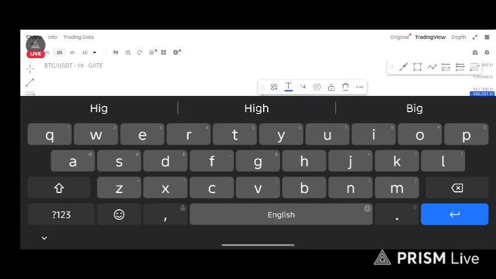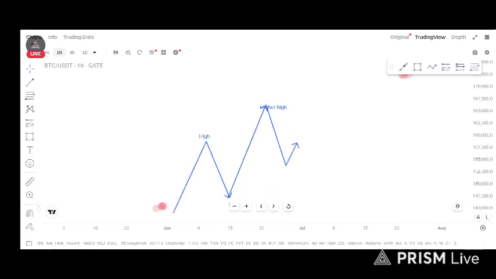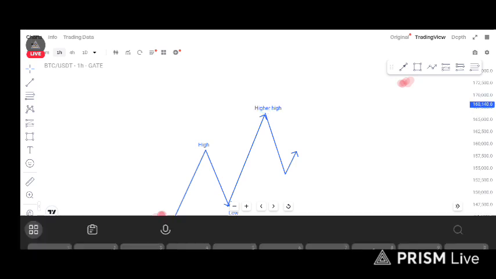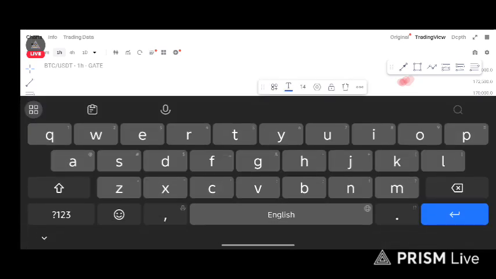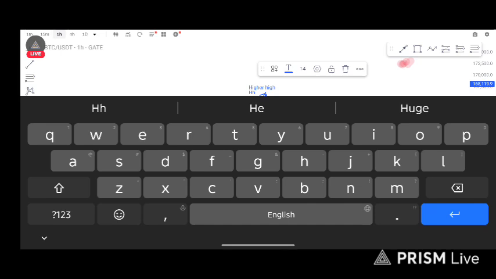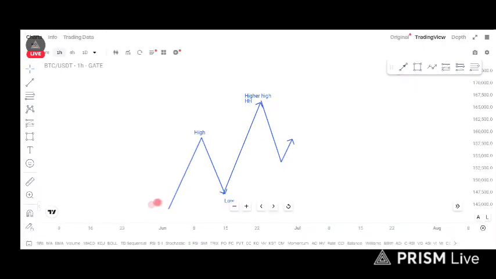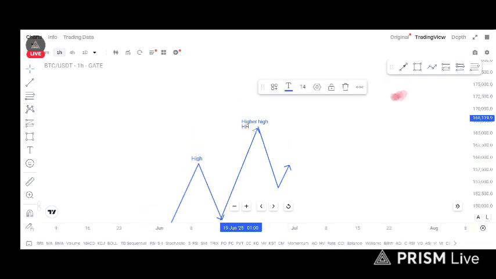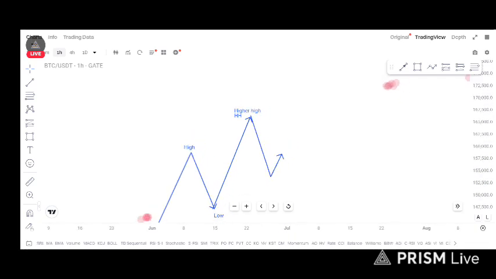Higher high. That's our higher high, okay? And you can abbreviate it as HH. Sorry, let's use capital H, okay? HH stands for higher high. This is a higher high, which can be abbreviated as HH.